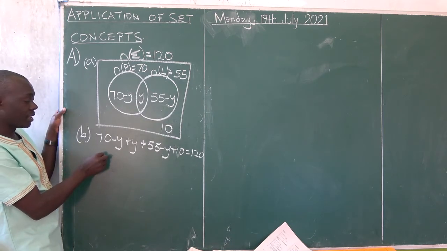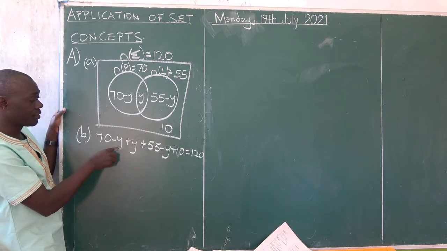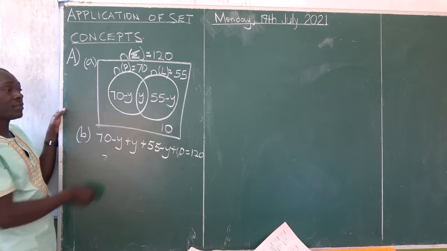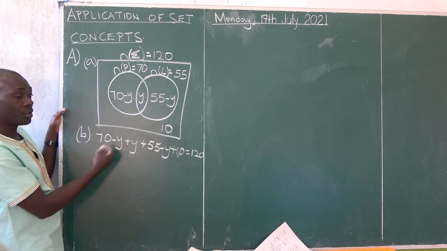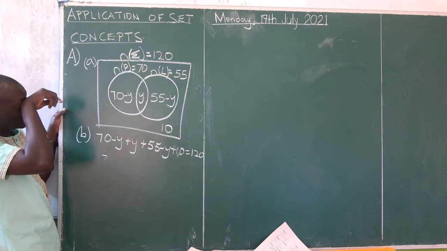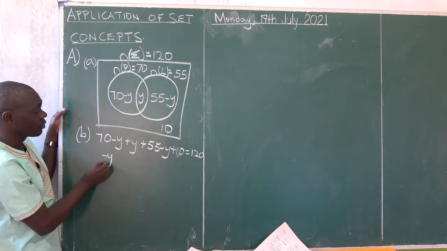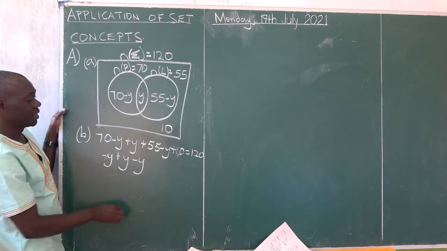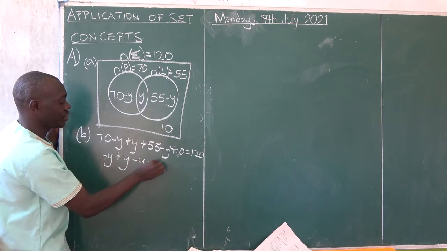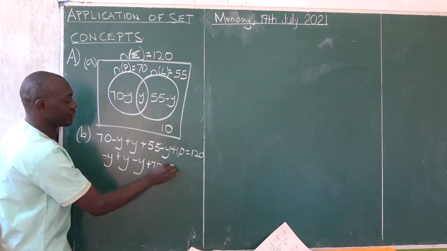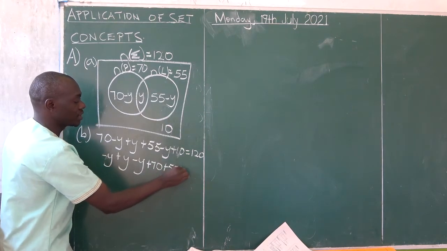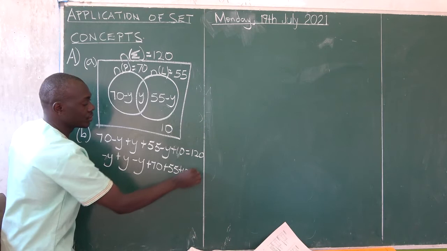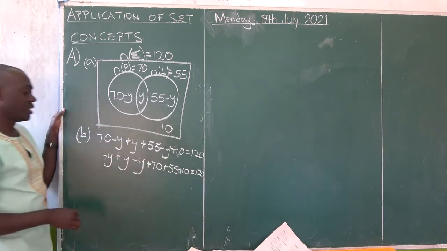So we start with negative y. You are free to start with 70, but we chose to get the letters first. So that is negative y plus this y minus y. Then we go plus 70 plus 55 plus 10, which is equal to 120.